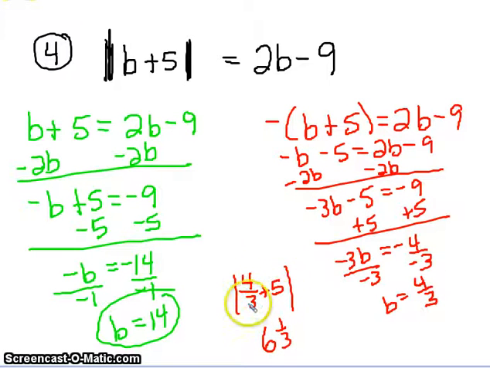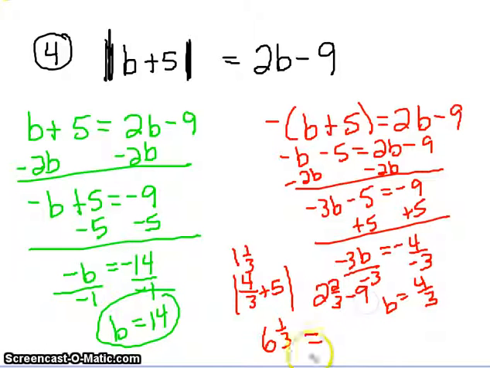Over here, we would have that equal to 2 times 4/3, or 8/3, or 2 2/3 minus 9.